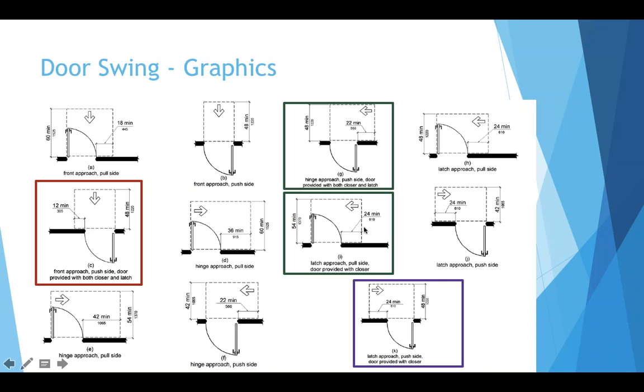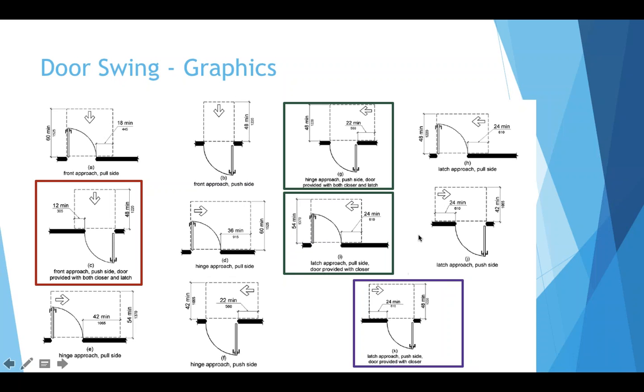Some of these others from the side approach, you can see in this item G, once again, latch and a closure. There is an exception though. When you're approaching from the strike side, you can be down to 48 inches instead of the 60, but if you have a closure on the door, then you need, instead of the 18, the 24 inches on the push side of a door.